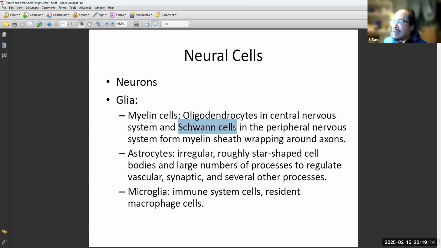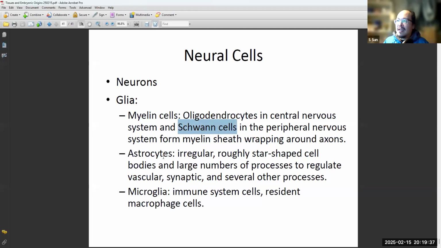Schwann cells are the myelin cells of the peripheral nervous system. So you're going to see this in a quiz question. Which of the following are the cells that form the myelin sheath in the brain? That will be oligodendrocytes. What are the myelin cells that form the myelin sheath in the peripheral nervous system? That's the Schwann cells.